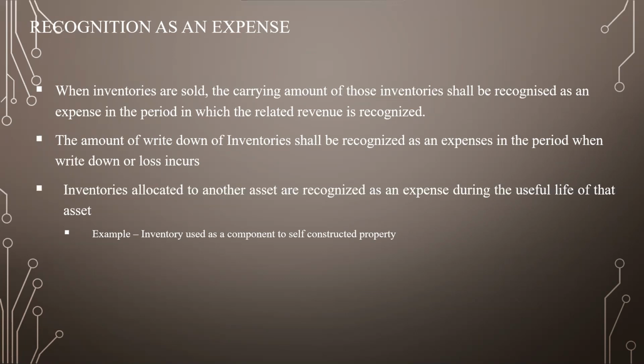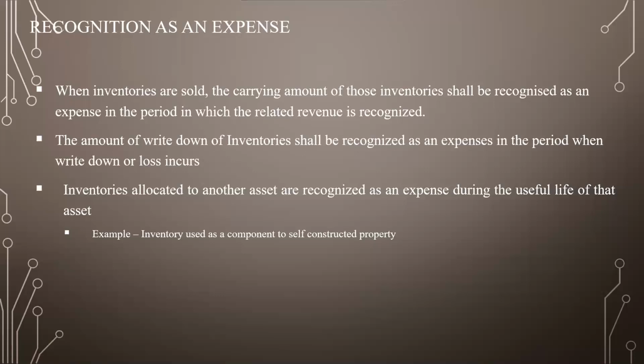Now, what's more important is if there is a write down of the inventory. We discussed that inventories have to be accounted at the lower of cost or net realizable value. If your net realizable value is lower than cost, obviously you have to write down the inventory to the tune of net realizable value. That means you have to account a loss.